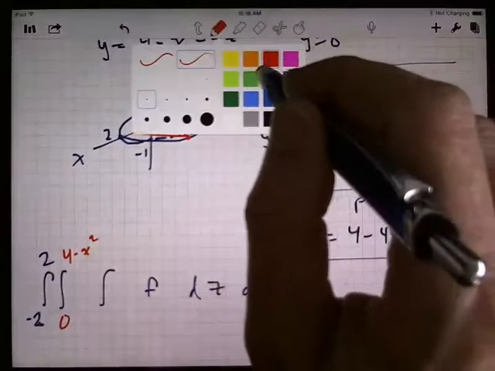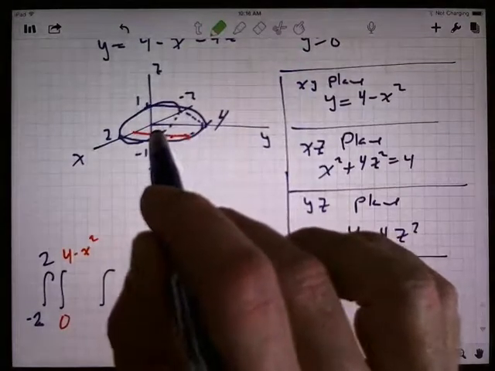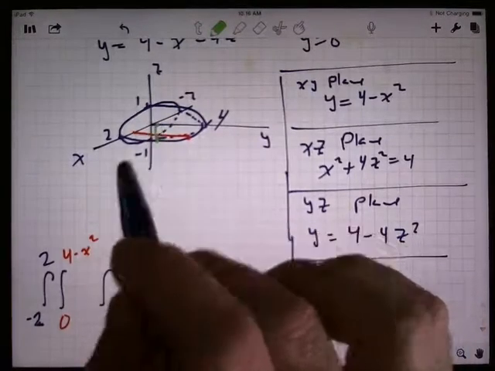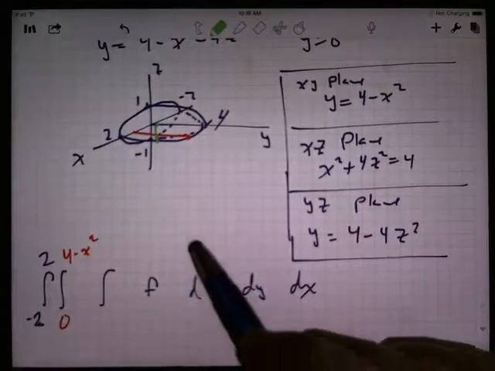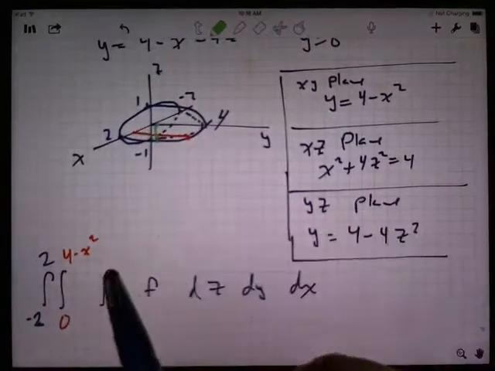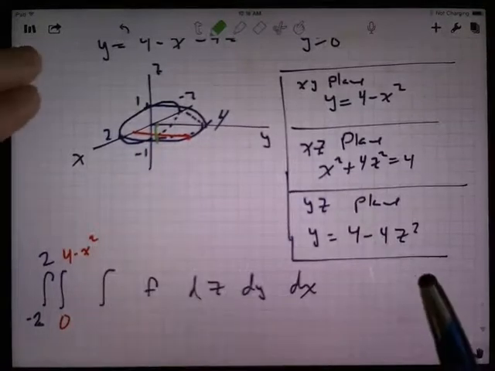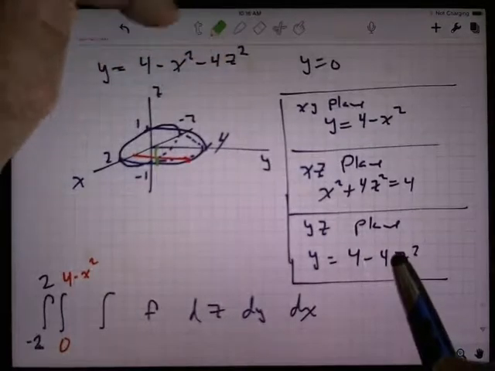Then, for each value of y on that line, you're going to say, what does z do? Well, z goes from some bottom part up to some top part. It's hard to see where it actually hits bottom and top, but whatever the surface is, that's where it hits, the paraboloid. How do I solve for z there? I go back to this equation and solve for z.